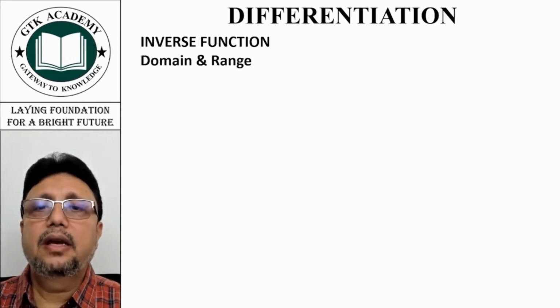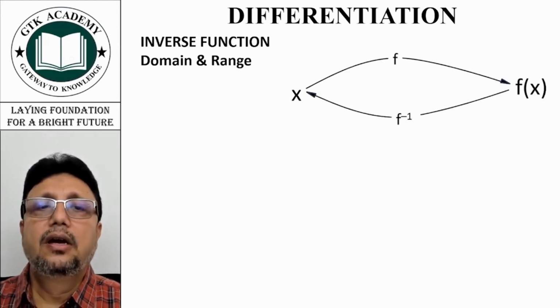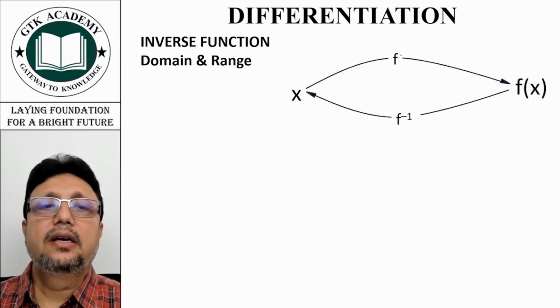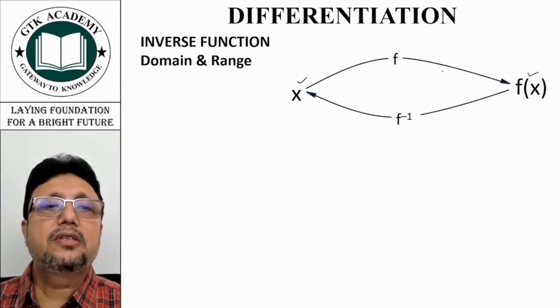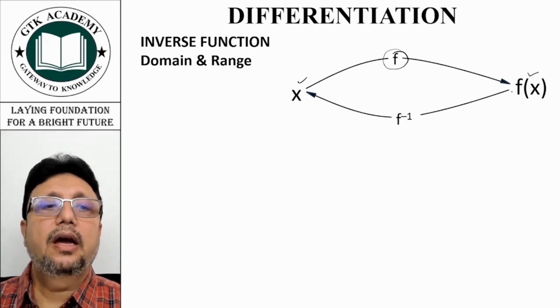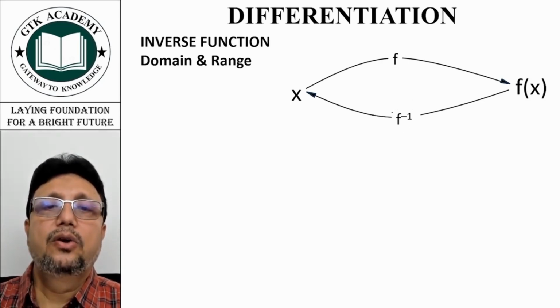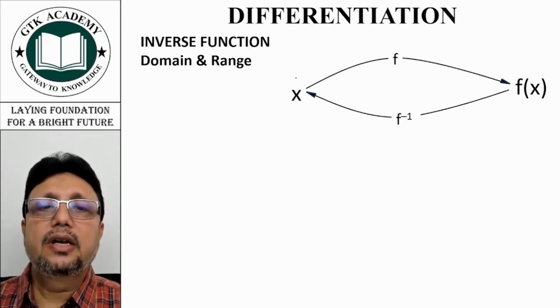Now, what is domain and range in these cases? Now, x is taken to f(x) by this function f, and f(x) is again taken back to x. So for function f, this is the input value which you call domain, and this is the output values which we call range.